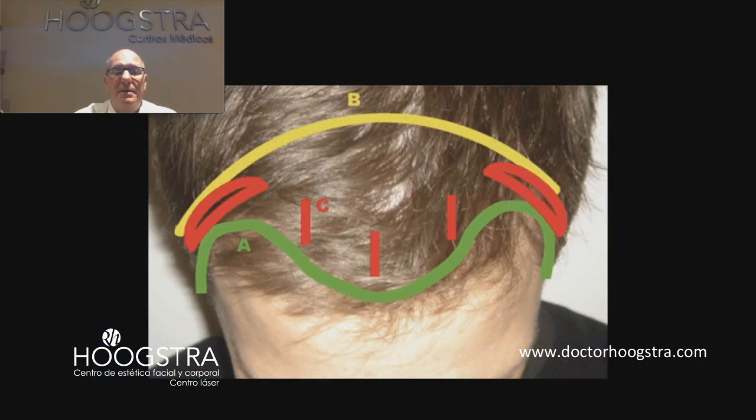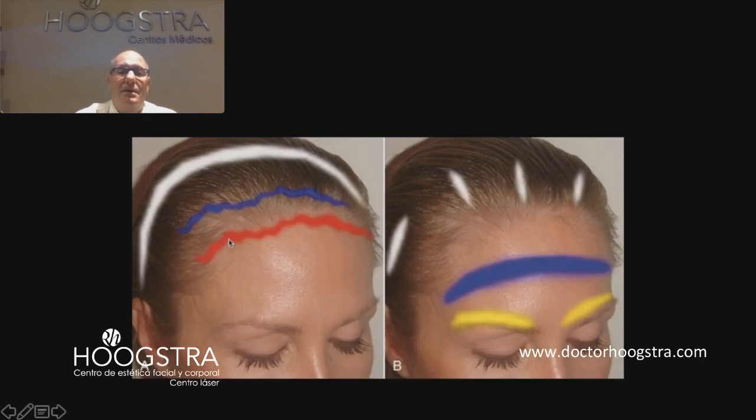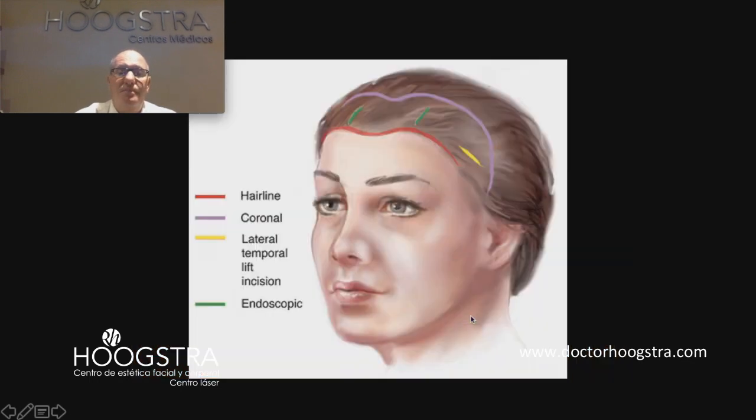There are many techniques for forehead repositioning. They are acceptable today, no question about it. There is the resection with this kind of marking, the coronal, this with more shape, resection like this, horizontal resection, and resection above the eyebrow.